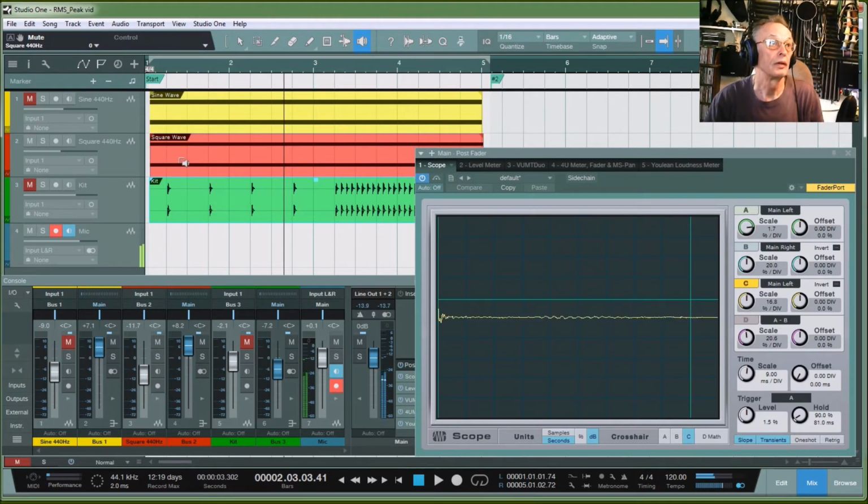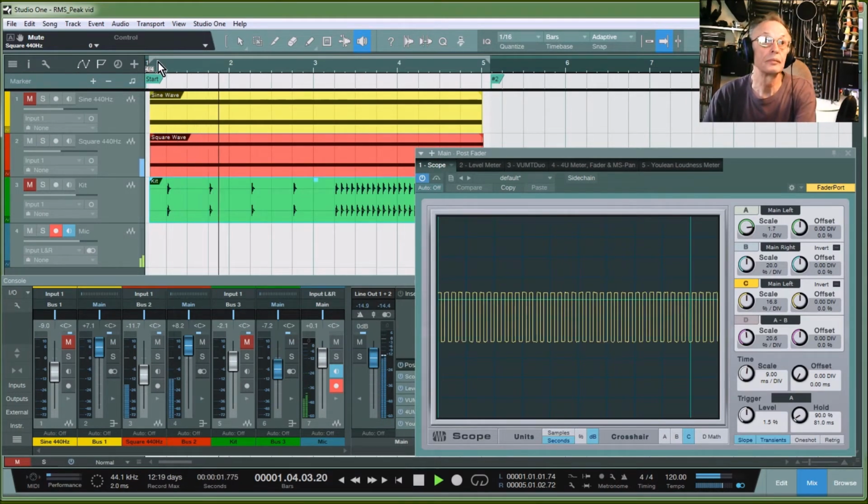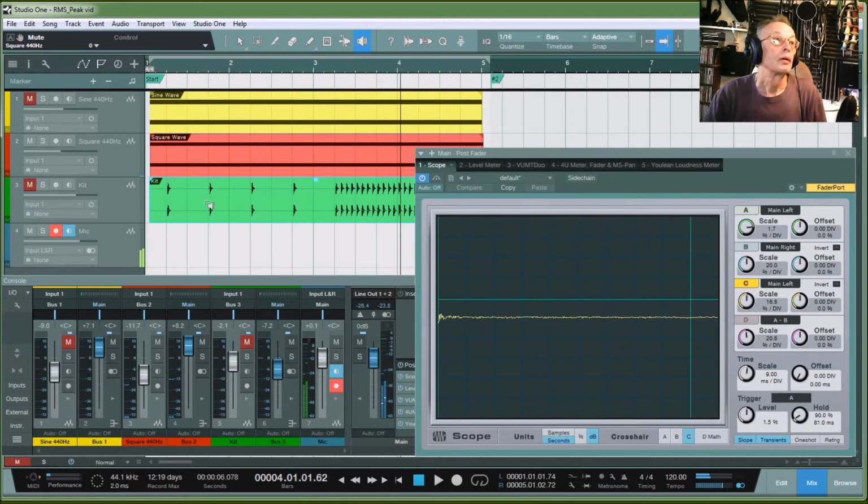Next we have a square wave. Next we have a pulsed waveform, which is basically a bass drum, which is a transient waveform.